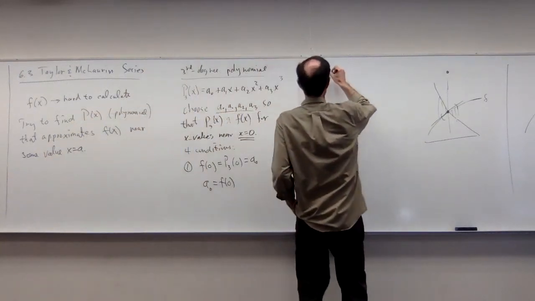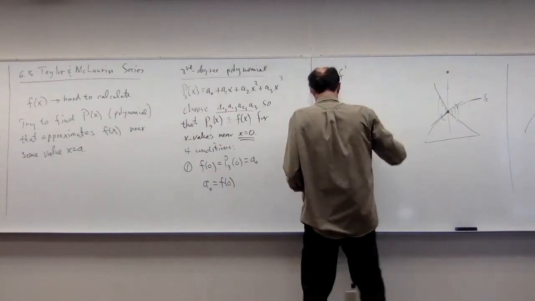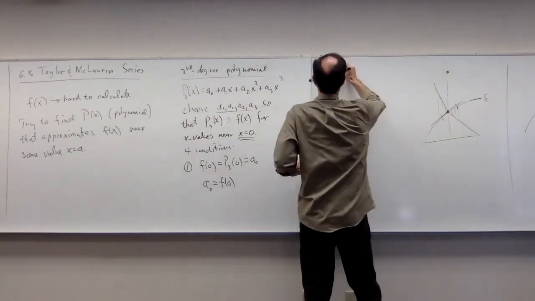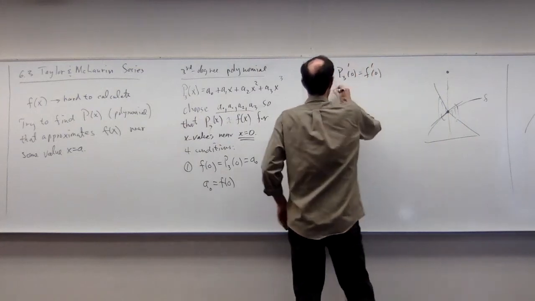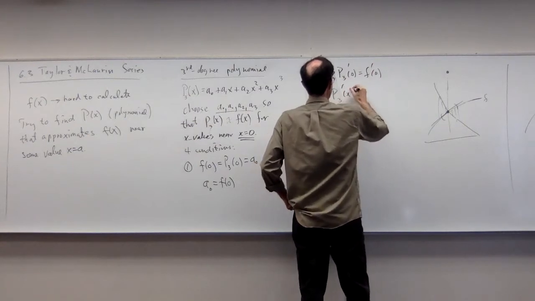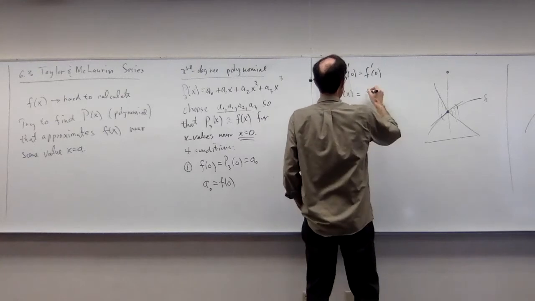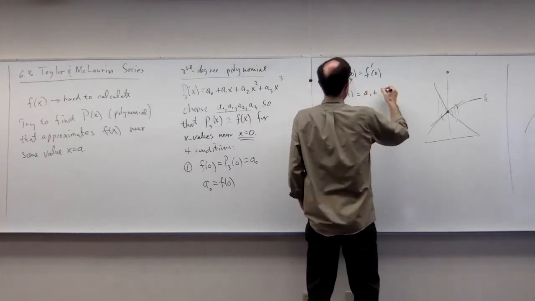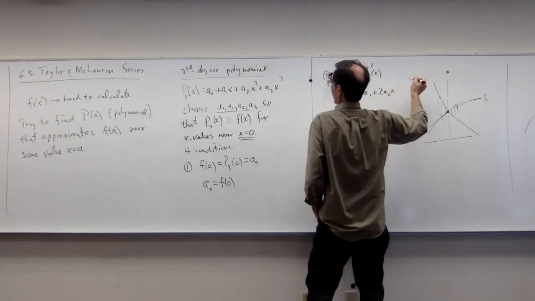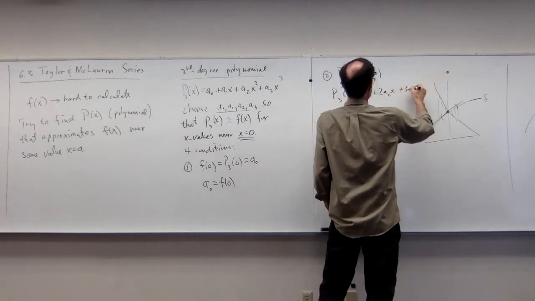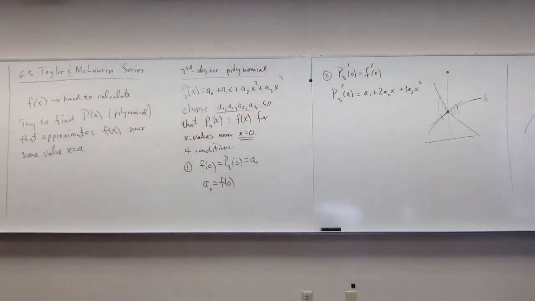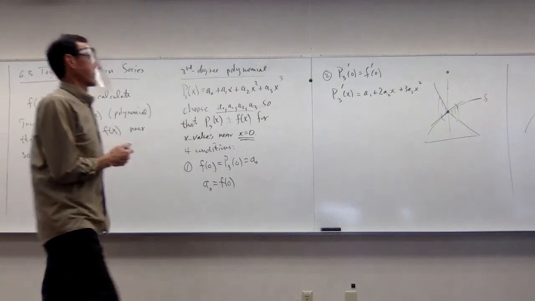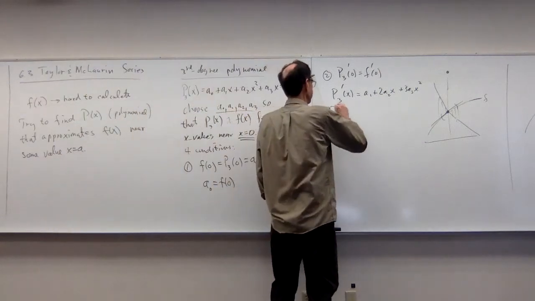The second one we're going to require, as we're building the polynomial, is that P3's derivative at 0 be the function's derivative at 0. Well, P3's derivative for any old x is a1 plus 2 a2 x plus 3 a3 x squared. Let's calculate the derivative of our polynomial and plug in 0.